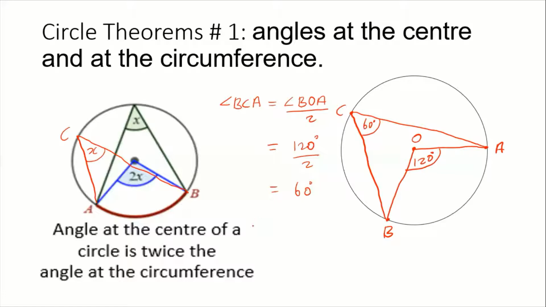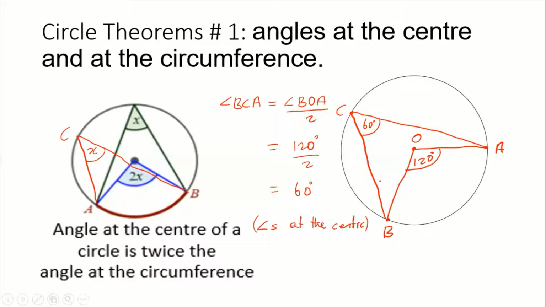So you would just put in brackets as your reason, angle at the center, all right? And that would be a good enough reason, right? Now, sometimes you will have more than one line in your circle to determine different angles, all right?